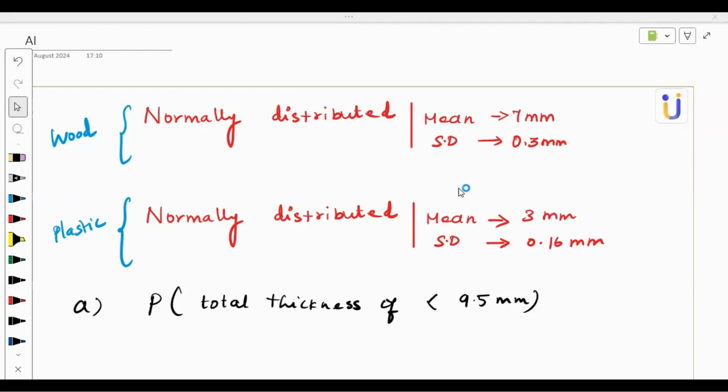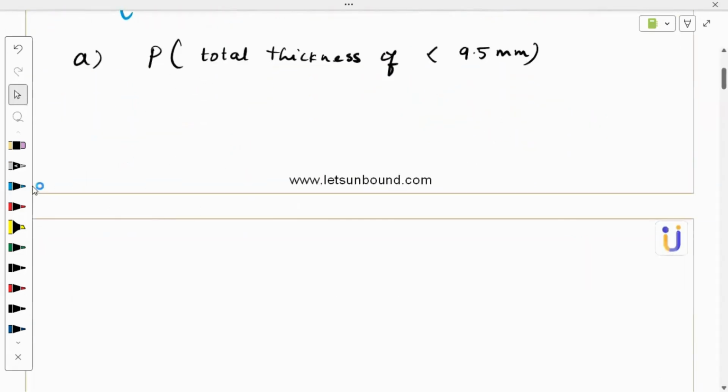If you choose a door at random, its total thickness will be less than 9.5. So the random variable is the total thickness.